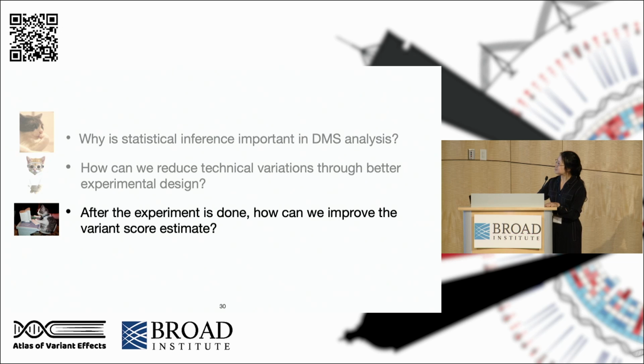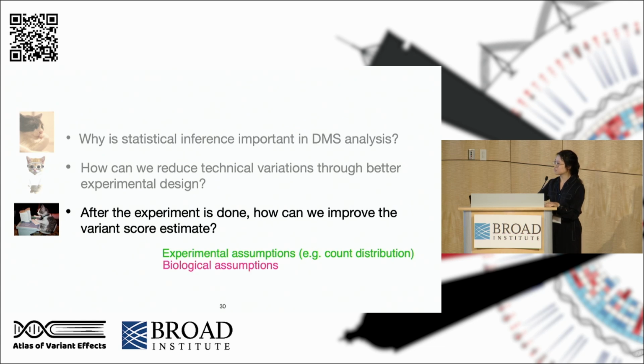Okay, and now I'm going to do the third part. After your experiments are done, for example, you only did 1 replicate, that's your budget, how can we improve the variant score estimate? I showed in the introduction section that you can incorporate a lot of experimental assumptions, such as count distribution, into a modeling process, so it will help to stabilize the uncertainty estimate.